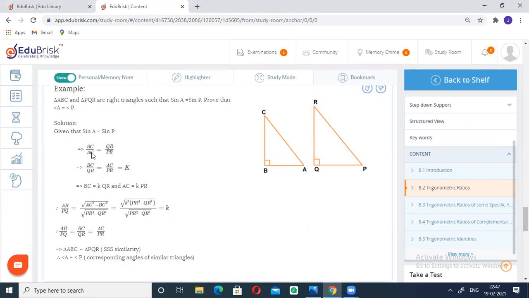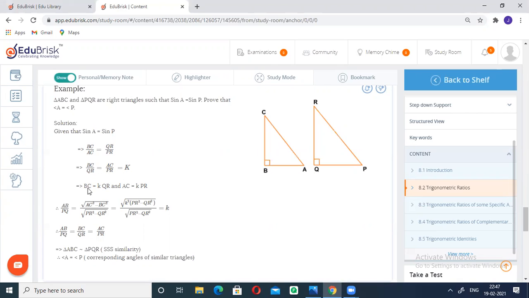Just interchange this: take this AC to the side and QR down. So BC divided by QR is equal to AC divided by PR. Let us take it as K. Let BC by QR equal AC by PR equal K.